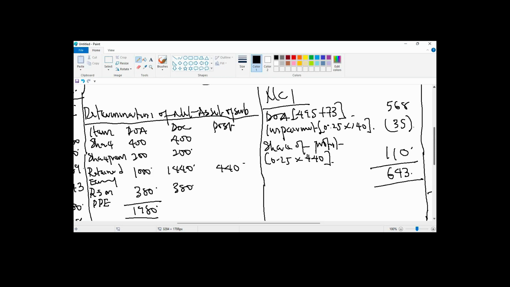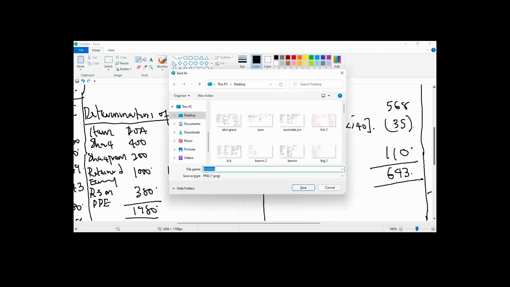Then we add the share of profit, less any impairment. Those are the normal things. Just the goodwill attributable is the issue; you add it to the NCI.